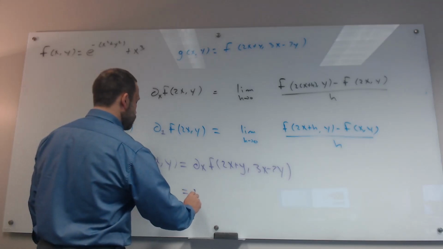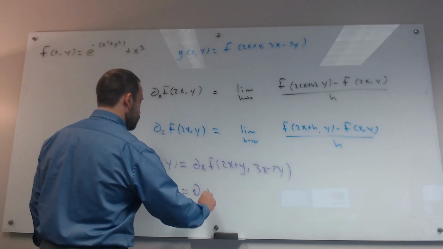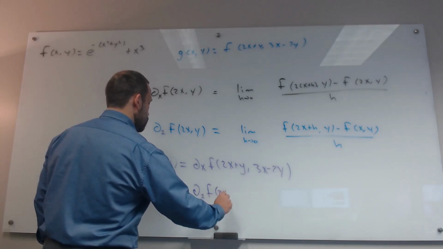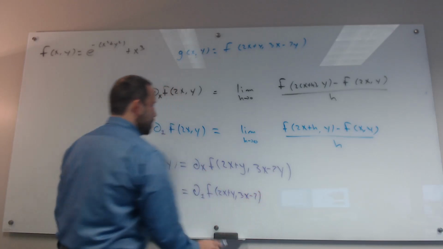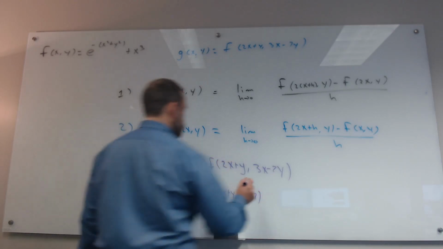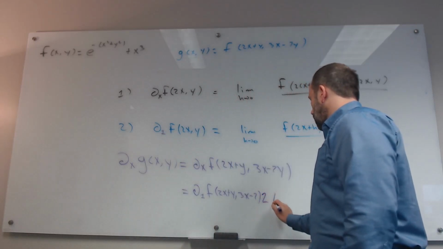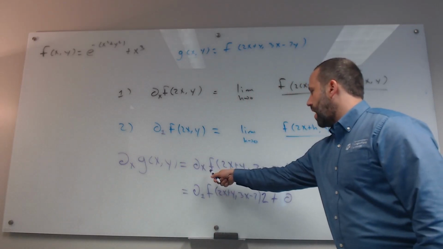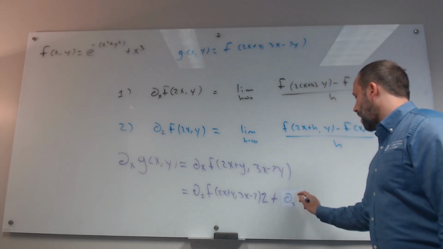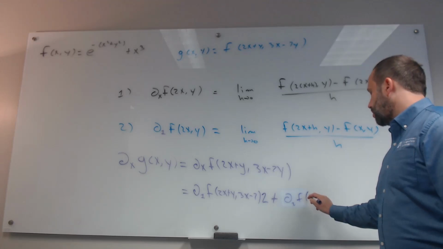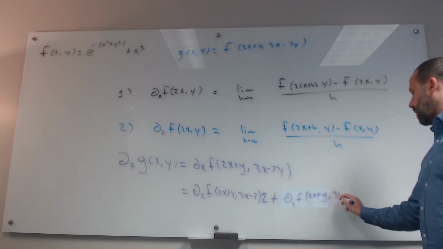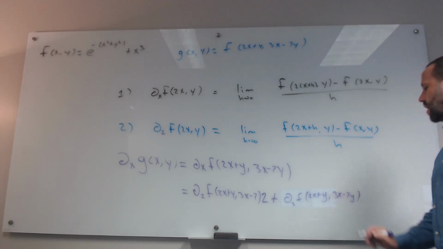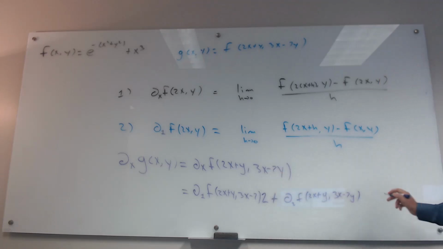So that's going to be the partial derivative in the first component of f, d sub 1 f of (2x plus y, 3x minus 7y), times the derivative of this with respect to x, which is 2, plus the partial derivative of f in the second component, d sub 2 f of (2x plus y, 3x minus 7y), times the derivative of this with respect to x, which is equal to 3.